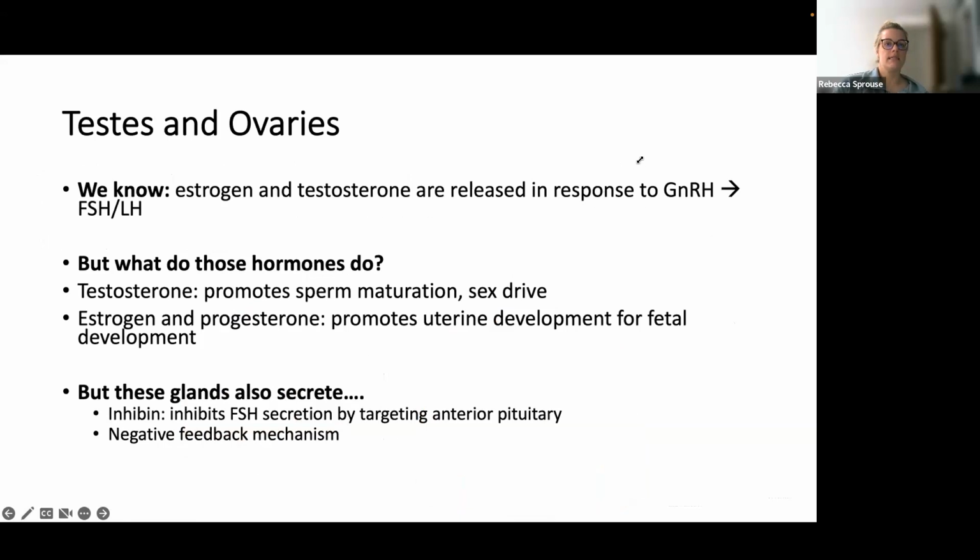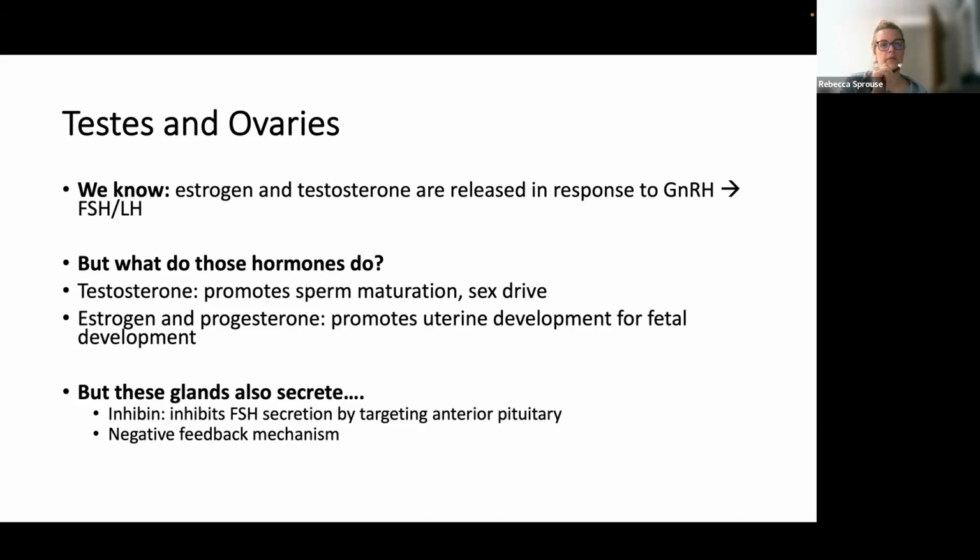And testes and ovaries here. So we did talk about estrogen and testosterone being released by not only the adrenal cortex, but estrogen and testosterone are also released in response to gonadotropin releasing hormone, FSH and LH, right?